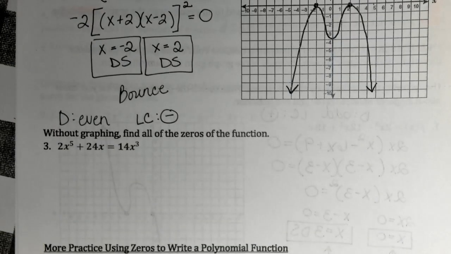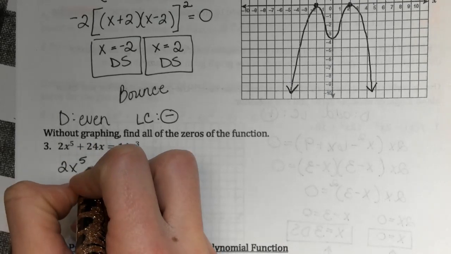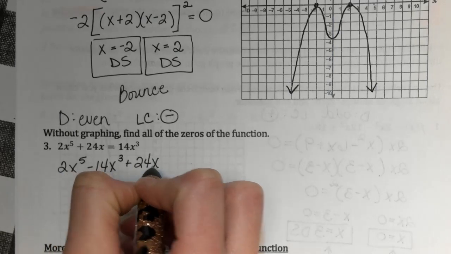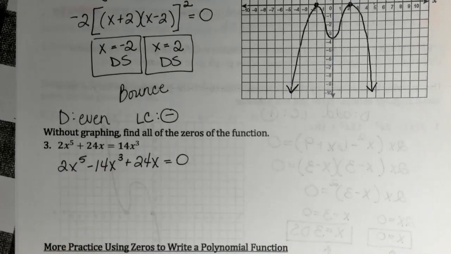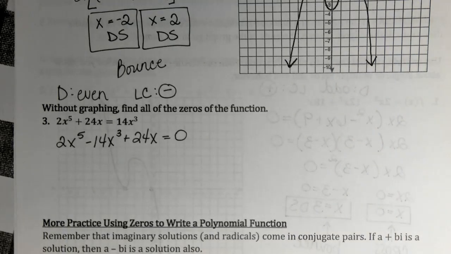Alright, without graphing, find all of the zeros of the function. What is that telling me to do? Just factor it. Okay? So, before I can factor, what do I need to do though? Alright, so it's 2x to the 5th minus 14x cubed plus 24x equals 0. Okay, to factor it, what am I going to do first?